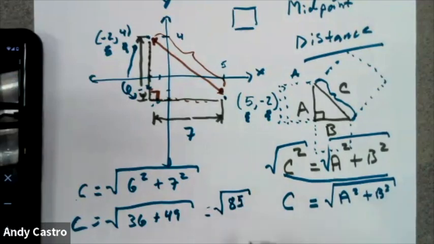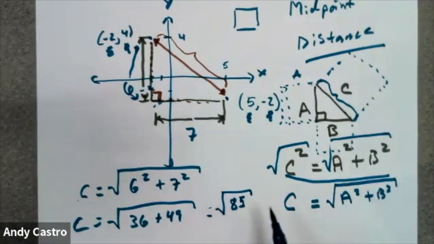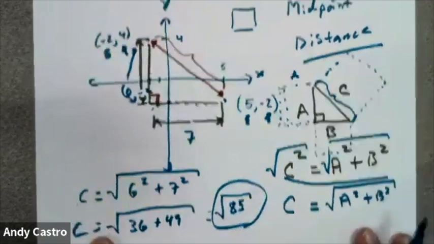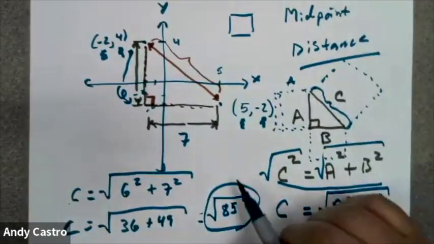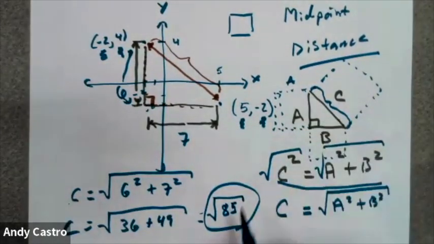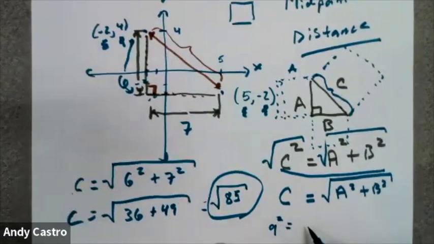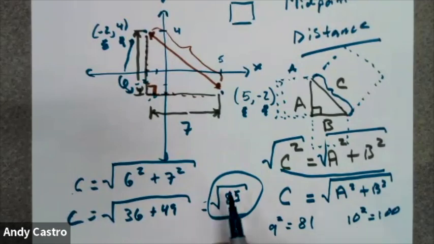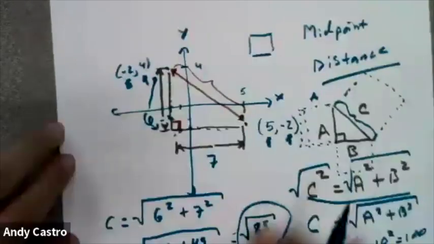Now remember that we know how to find an exact value here. I know that 9 squared is 81, and 10 squared is 100. So we're going to be somewhere in between there. So I can kind of define the roots here of 85.